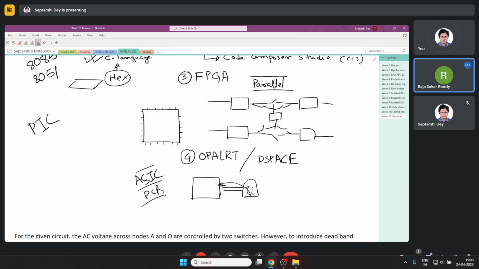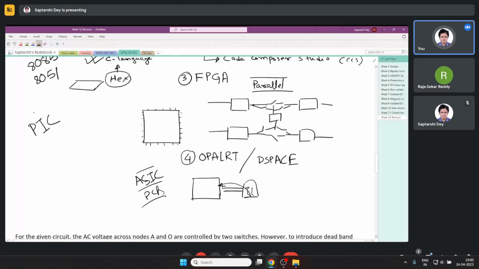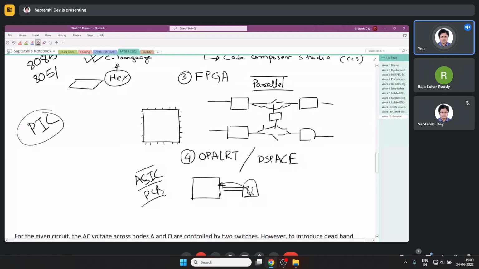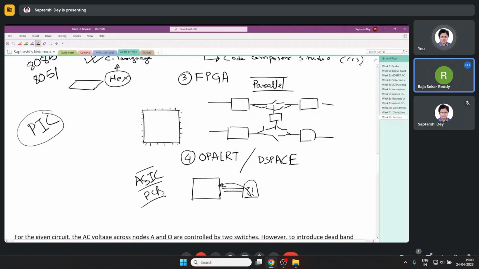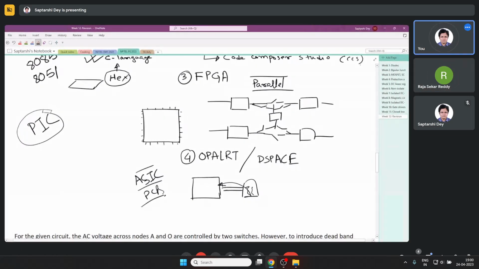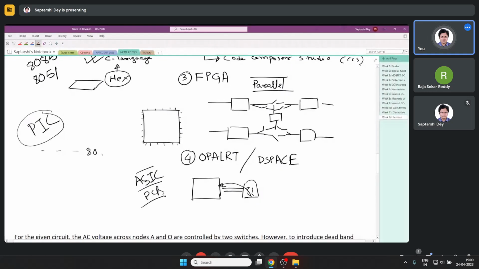Thing is, if you can learn these things and code them in assembly language, the whole process is very enjoyable. I don't know if you have done this kind of experiments in your BTech, where we were given some task: write a program to do these things in 8085.